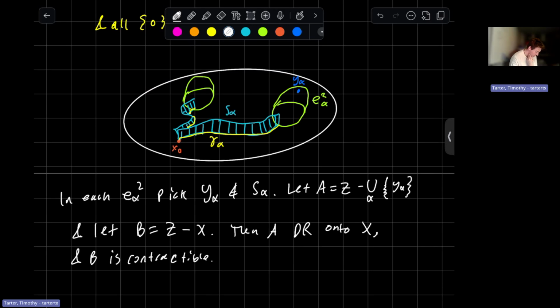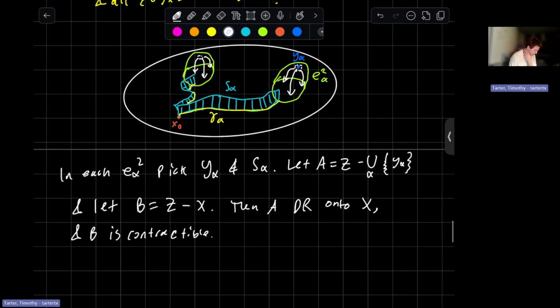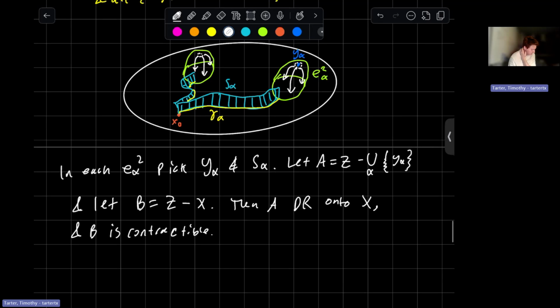A deformation retracts onto X because it splits apart. It creates like a hole. And then this hole gets attached down as a deformation retract. And B, which is Z minus X, which is Y, is contractible.